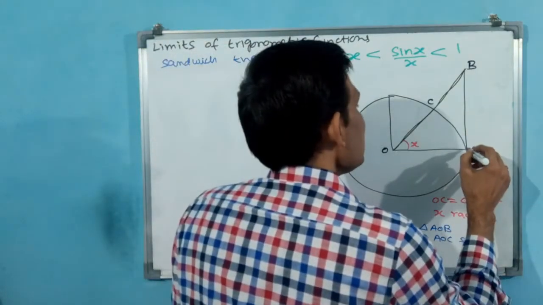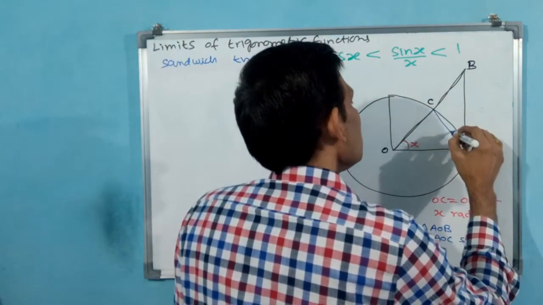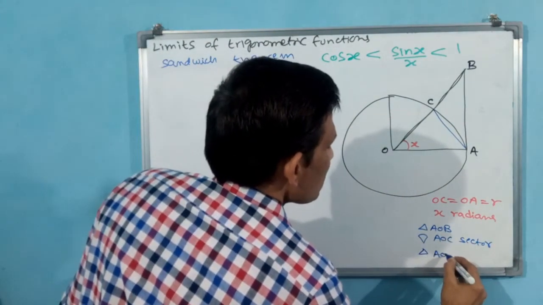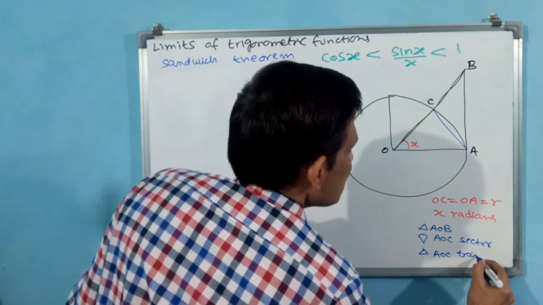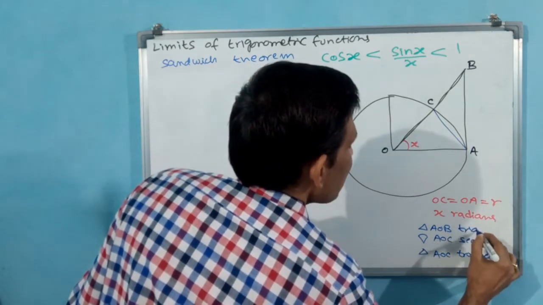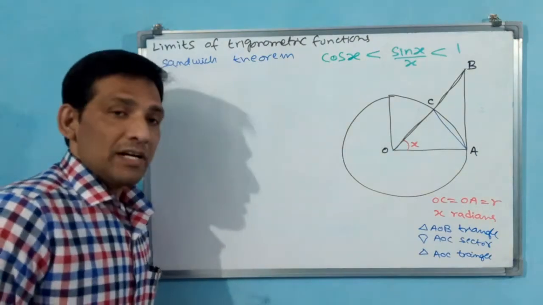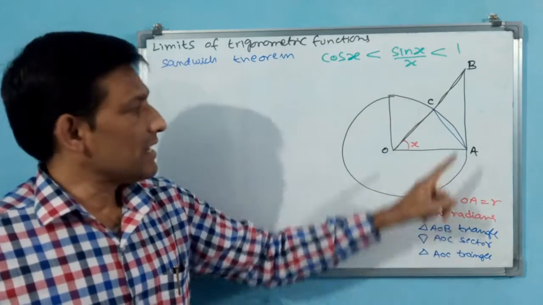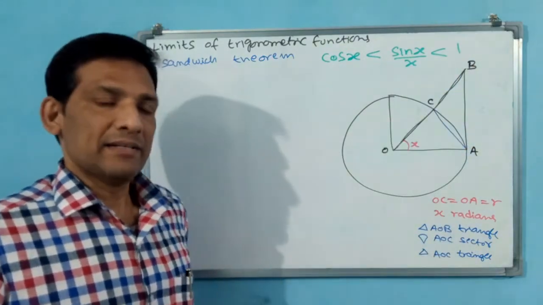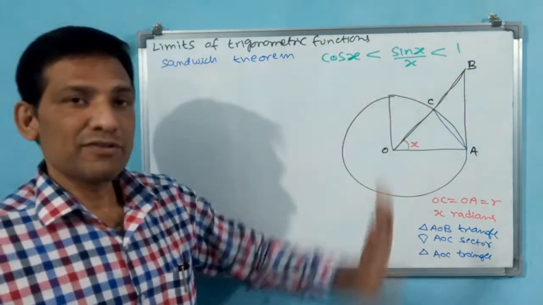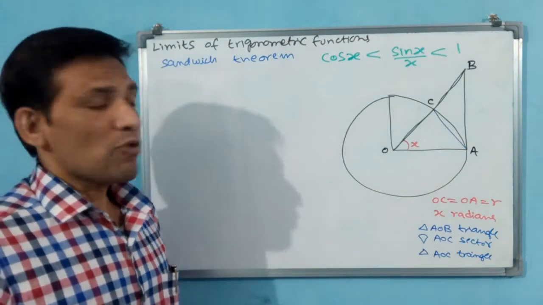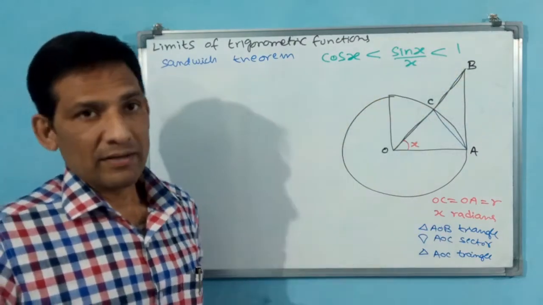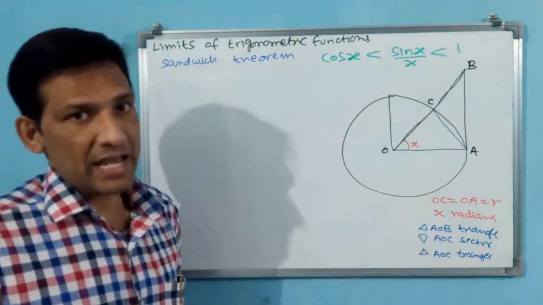How can I take the triangle? I am touching these two points, then another triangle is the AOC triangle. You understand now? Here, AOC triangle, AOC sector, AOB triangle, 3 items are there, because for sandwich we require 3. We are going to prove cos x is less than sin x by x is less than 1 with this diagram.